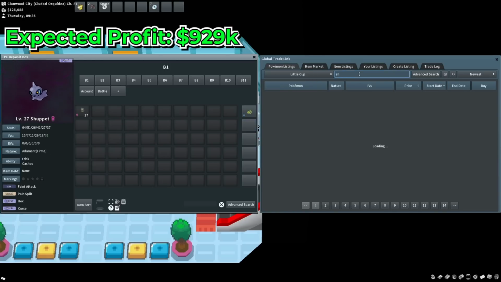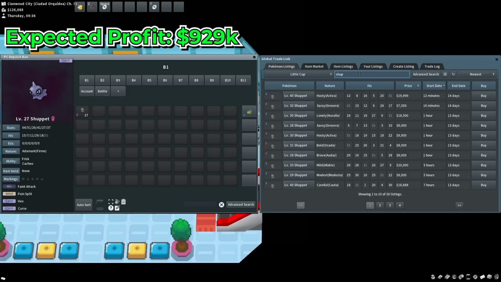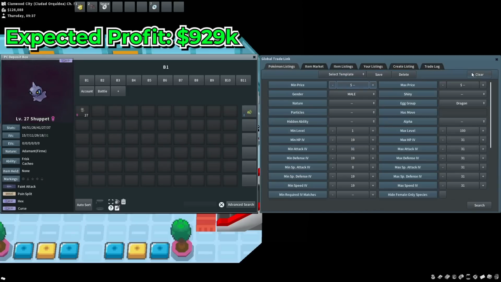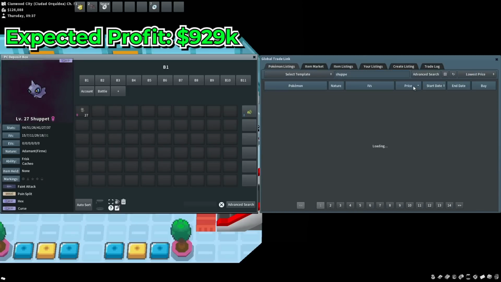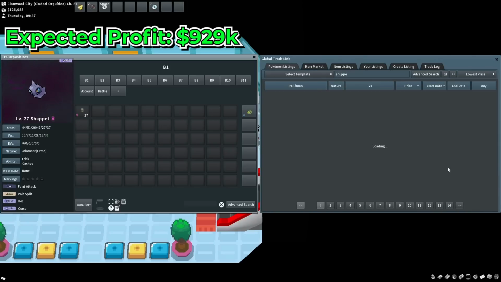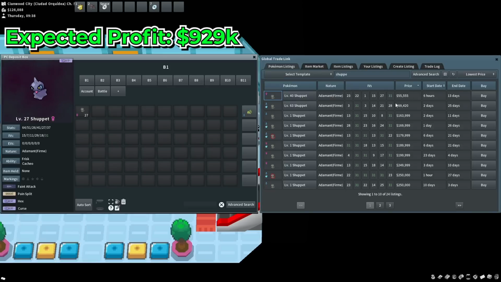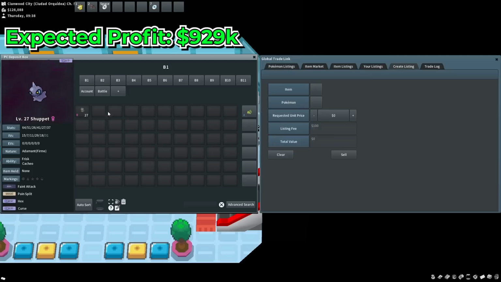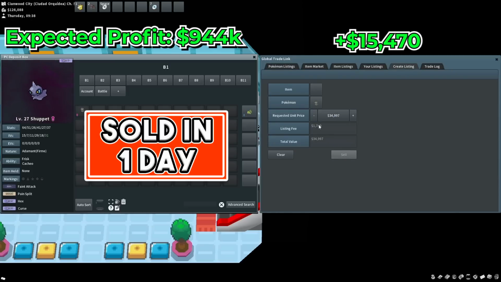So if we put Shuppet like this, and then 31 and 31, you can see that it is for the price I bought it. And if we put Adamant at it, goes for 55. But since you need like 20k to breed it, I'll put ours for 15 plus, so 35.